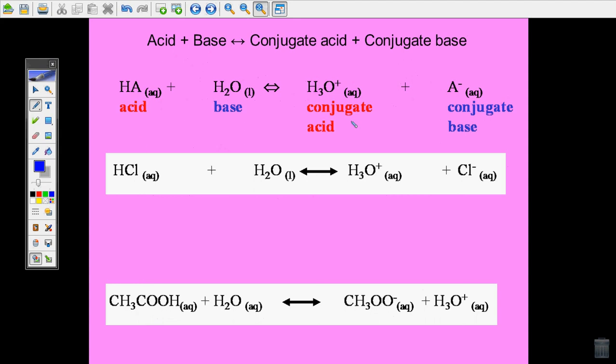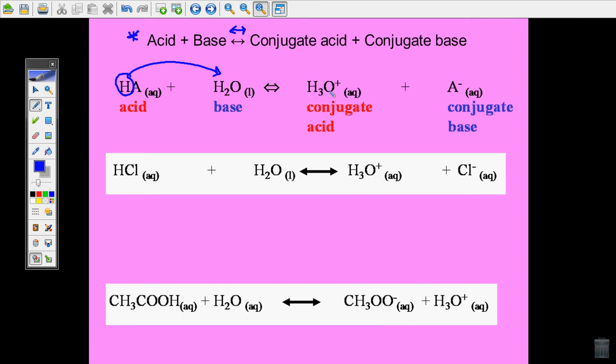Alright, so here are some of the reactions. So this is the generic reaction here. An acid and a base will yield a conjugate acid and a conjugate base. So you see the little arrow here, how it's different? It's two-sided because these equations can go back and forth. So here, the acid is going to donate this proton to this base.